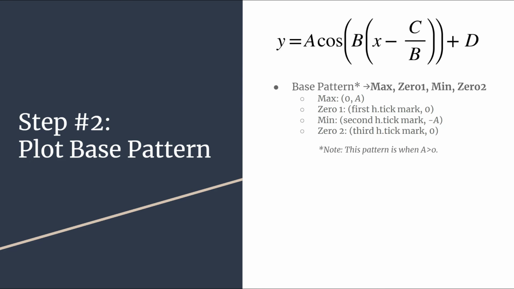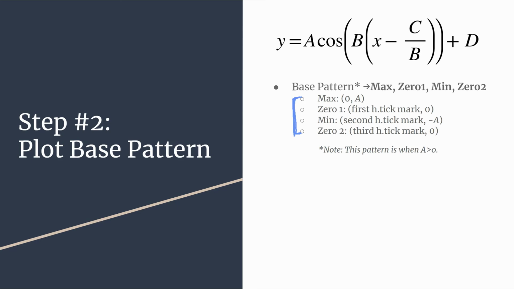Now, this is working when a is greater than 0. You just have a small adjustment if you do have a negative out front. If your a is negative, your base pattern, you can still follow this guide, this template, and you'll end up with the right points. But instead of the pattern as it is, you'll actually label it minimum, 0, maximum, 0.